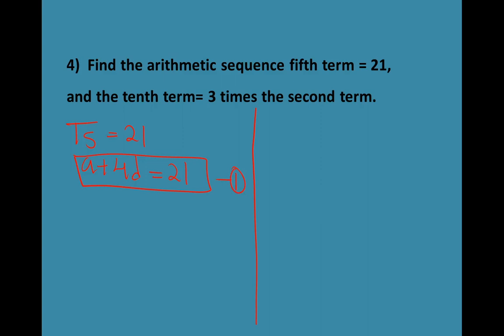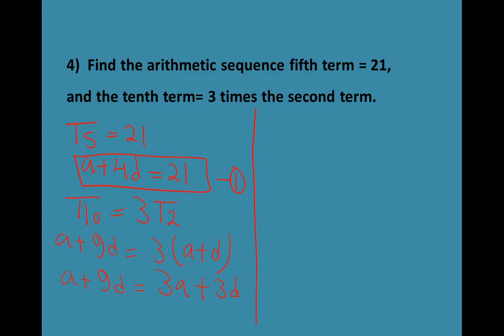Its 10th term, T10, equals 3 times its second term, 3 times T2. Then A plus 9D equals 3 times (A plus D). Then A plus 9D equals 3A plus 3D. I'll try to write this equation in the simplest form.